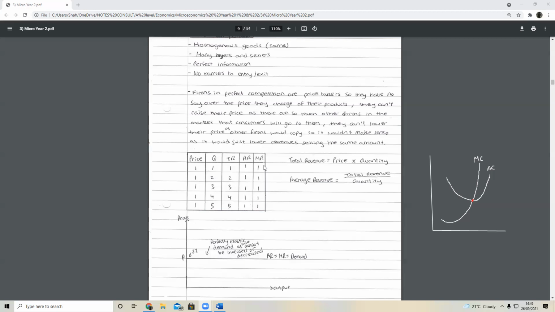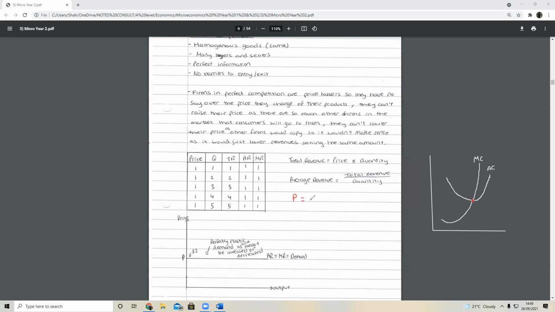Our marginal revenue, which is the extra amount of revenue that we're getting from producing 1 more unit of good, is just going up by 1 every time, plus 1, plus 1, plus 1. So this also stays the same. So what can we see here though? We can see that our price, our average revenue, and our marginal revenue are all the same when it comes to firms in perfect competition.